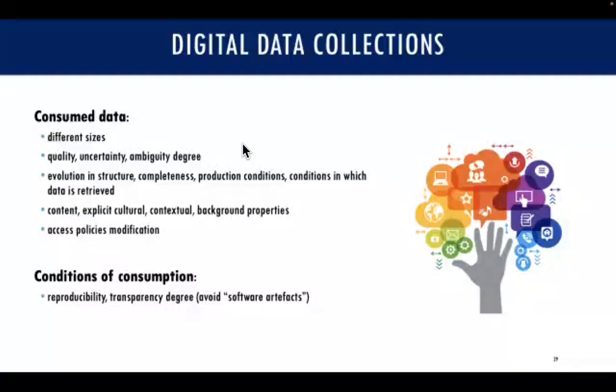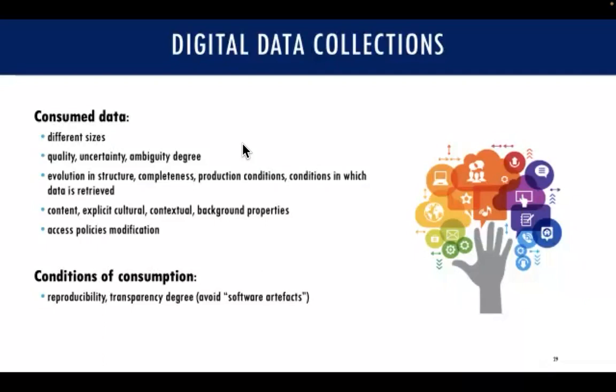Then it is important to know the quality of the data. We have already discussed the uncertainty and the ambiguity degree. This comes down to the conditions in which data are harvested. I would like to know the type of sensors, for example, used to collect the data. If I have commercial sensors, of course, the reliability of the observations is less good than if I have professional sensors sensing, for example, a body.